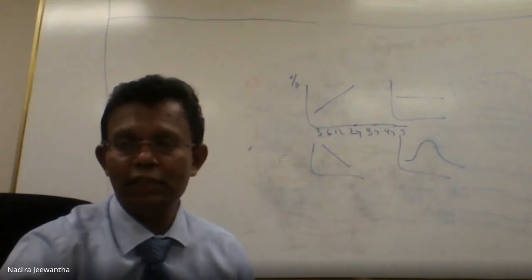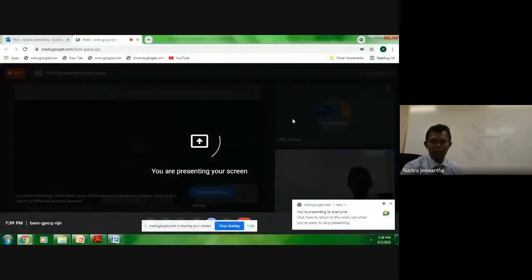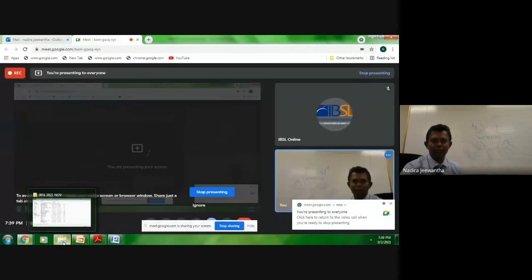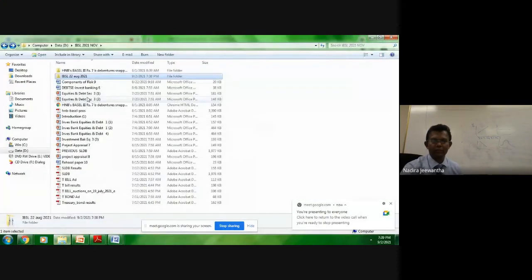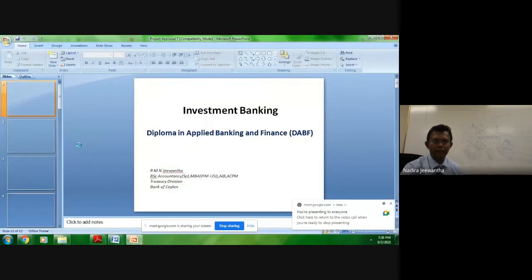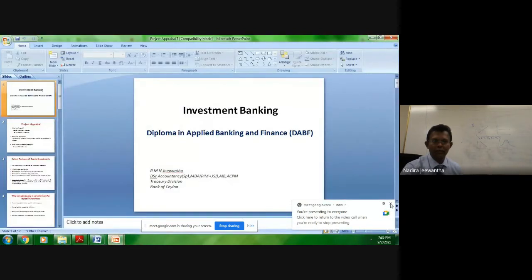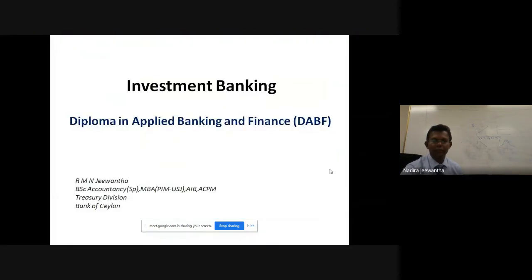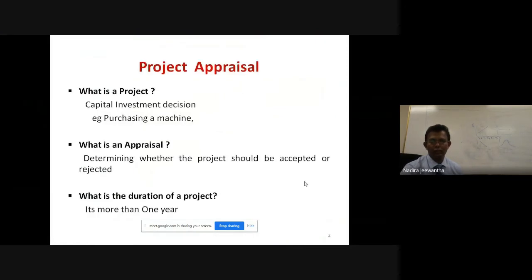Purchasing of a machine, is it a project? Of course, it's a project. Investing in shares, is it a project? Of course, it's a project. Project is anything which gives cash flows over the period of time.